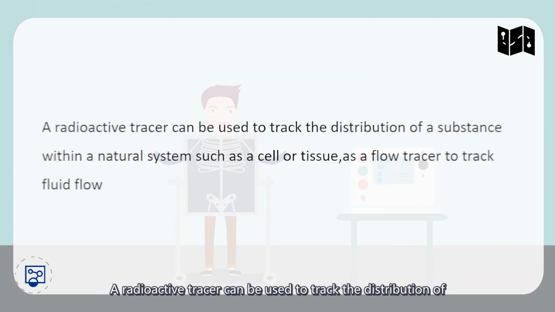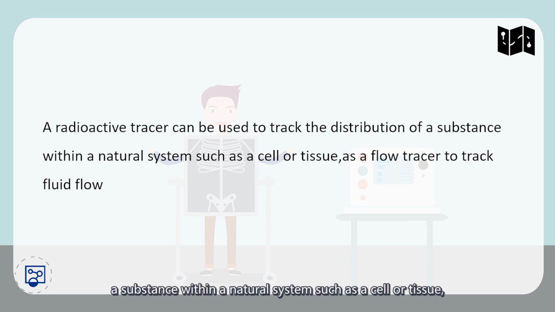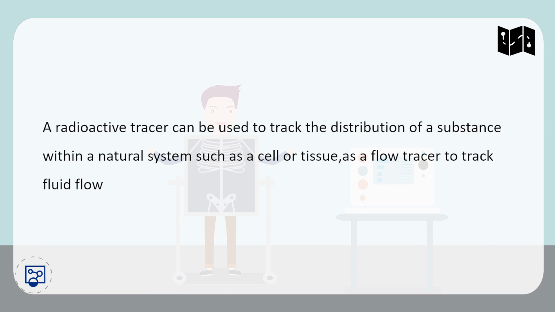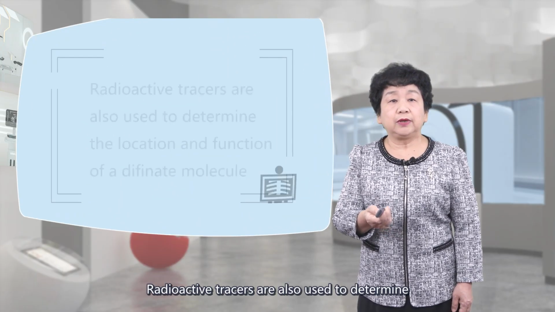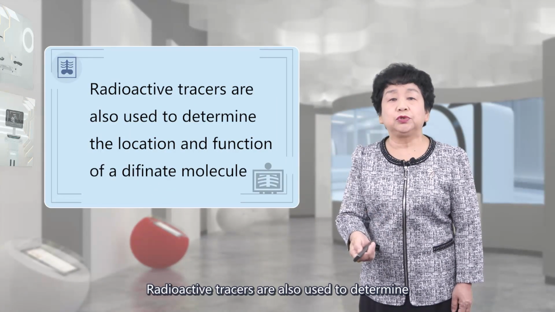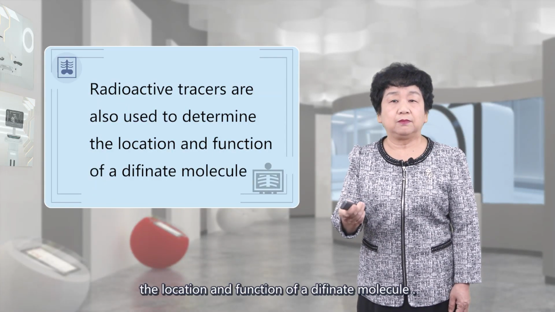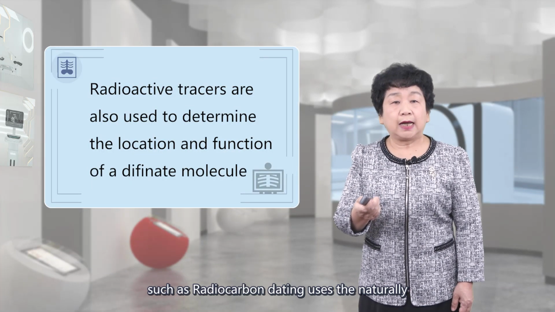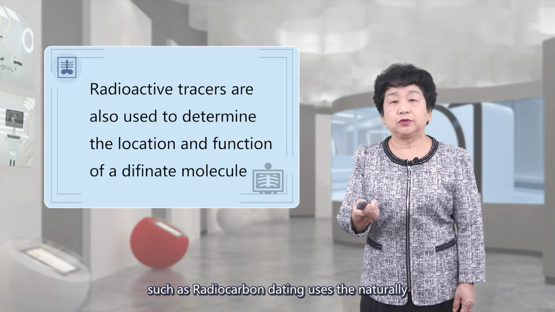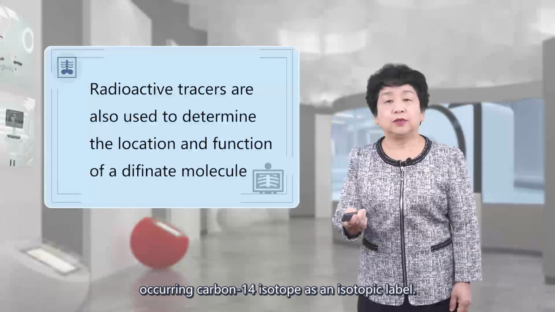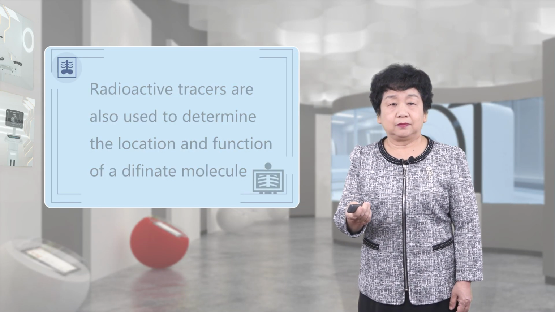A radioactive tracer can be used to track the distribution of a substance within a natural system, such as a cell, a tissue, as a flow tracer to track the fluid flow, such as blood volume. Radioactive tracers are also used to determine the location and function of a definite molecule, as in radiocarbon dating used for natural organic carbon-14 isotope as an isotopic label.